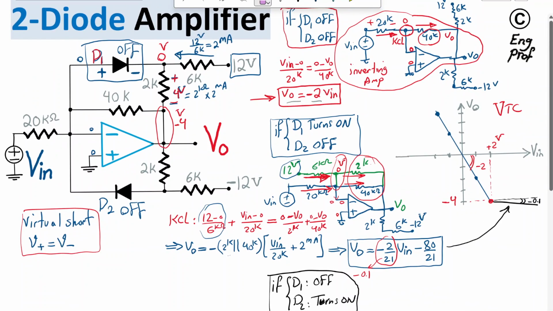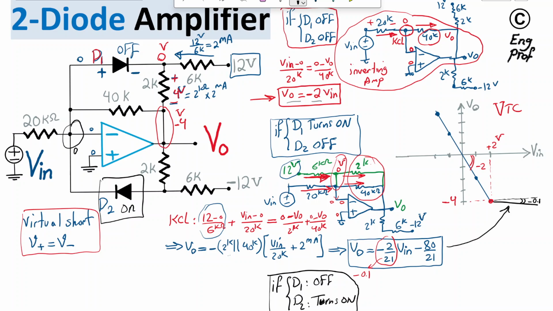If D1 is supposed to be off, but D2 is going to be on, so this one turns on. Let's consider that because the voltage here is 0 volt, on the left side of diode D2 we have 0 volt due to the virtual short of op-amp 1.